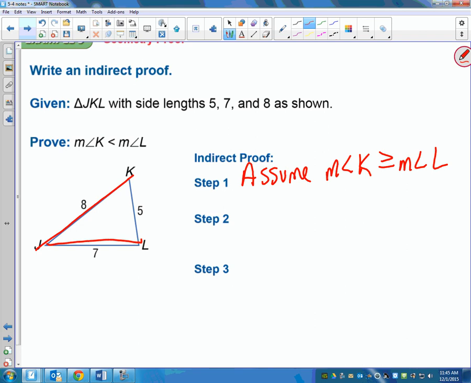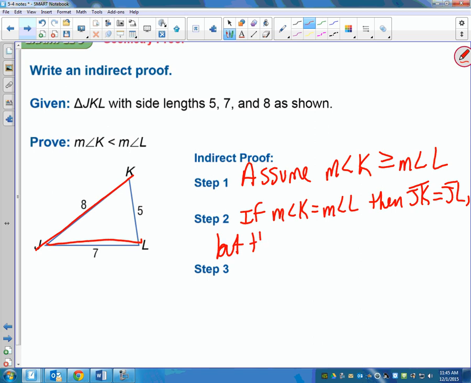So, this is what I'm going to write. If the measure of angle K were equal to the measure of angle L, then JK would have to equal JL. Is that true? But 7 does not equal 8, right?